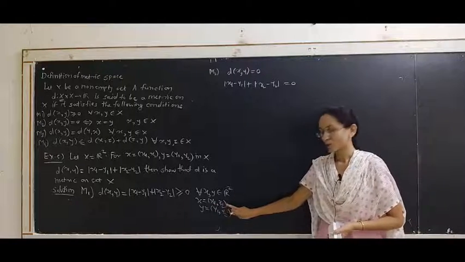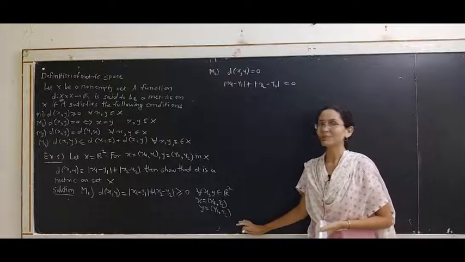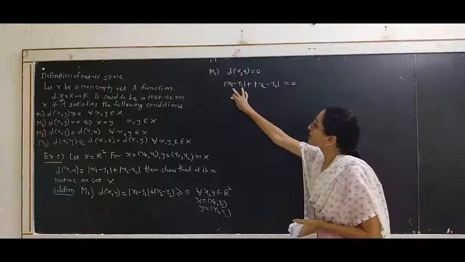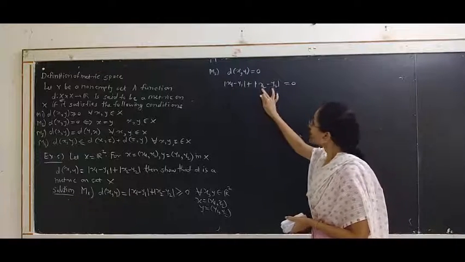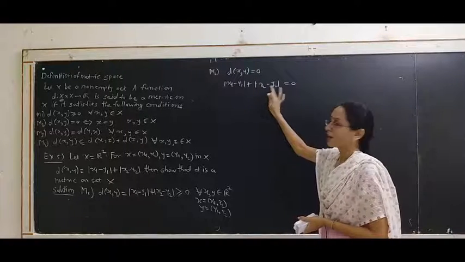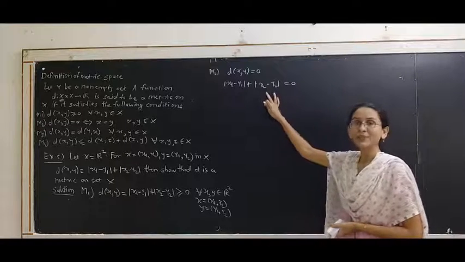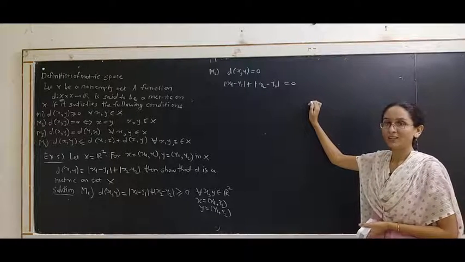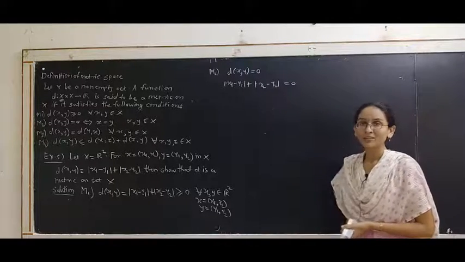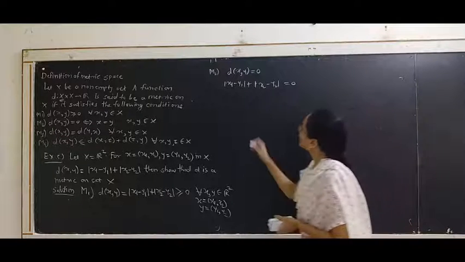This is a non-negative real number, and this is a non-negative real number. Addition of two non-negative real numbers is 0, hence both numbers are equal to 0.